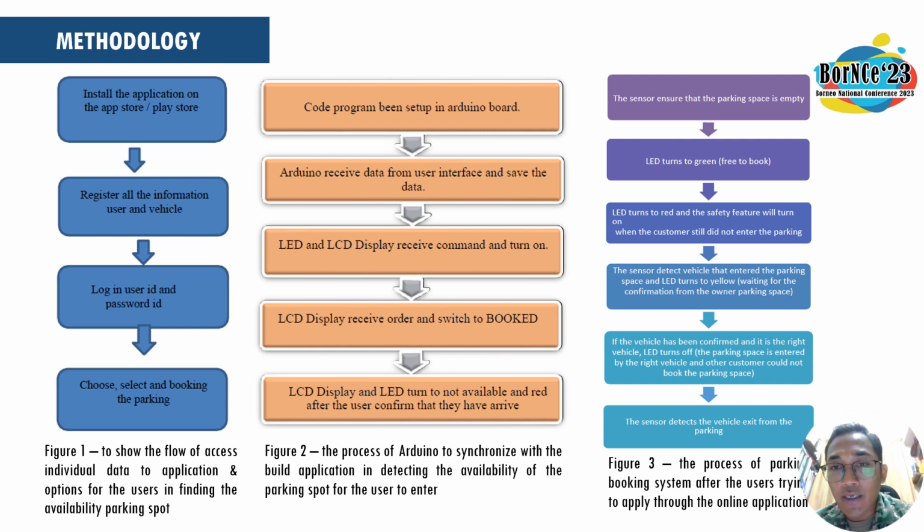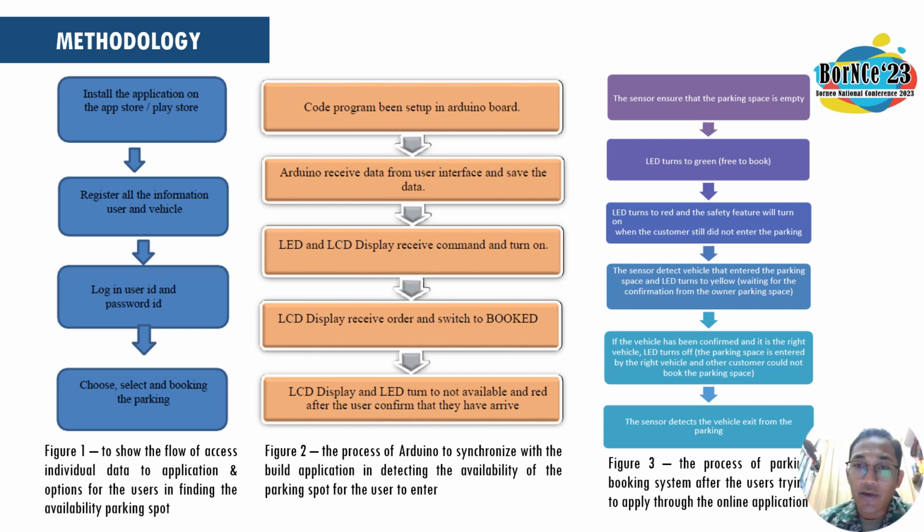Next, the sensor ensures that the parking space is empty. The LED turns green, free to book. The LED turns red, and the safety feature turns on when the customer does not enter the parking space.